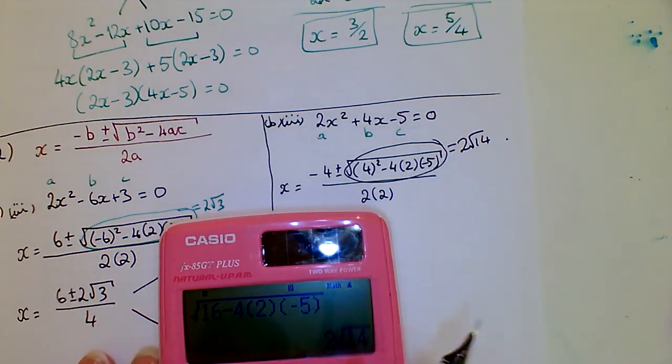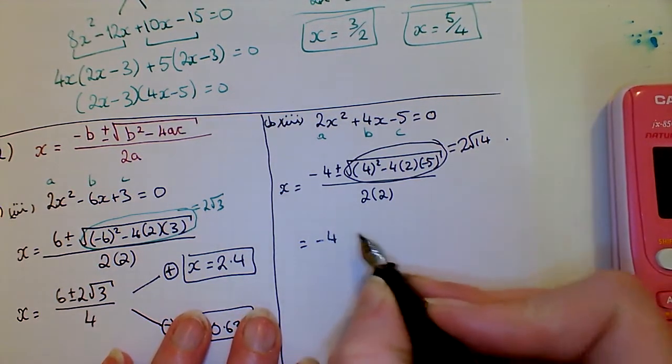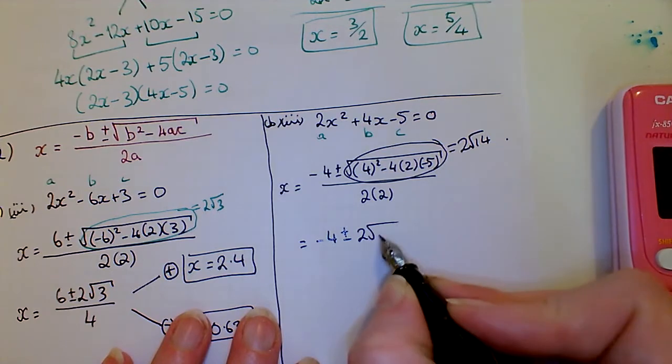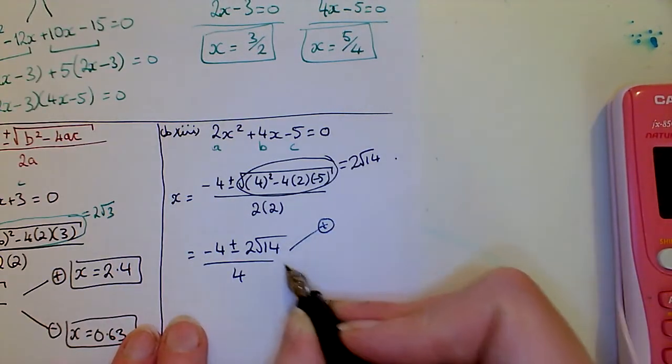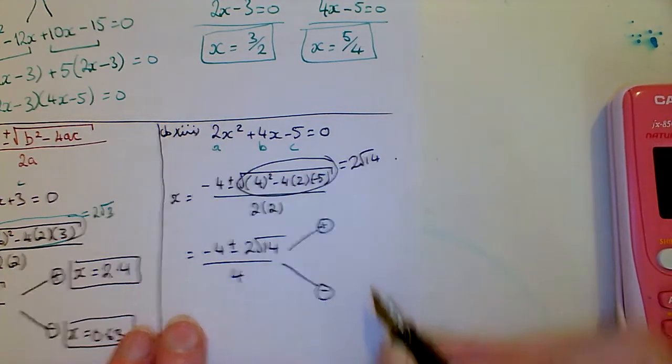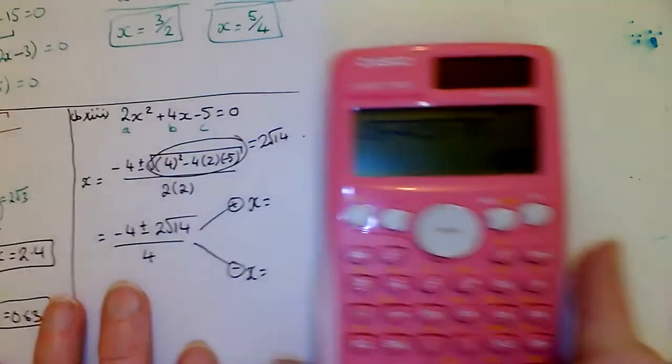I won't change it to a decimal at this point. I'll always do that on the final step. So x is minus 4 plus or minus 2 root 14 all over 4. I'm going to work out the plus value. I'm going to work out the minus value and get my two values for x.